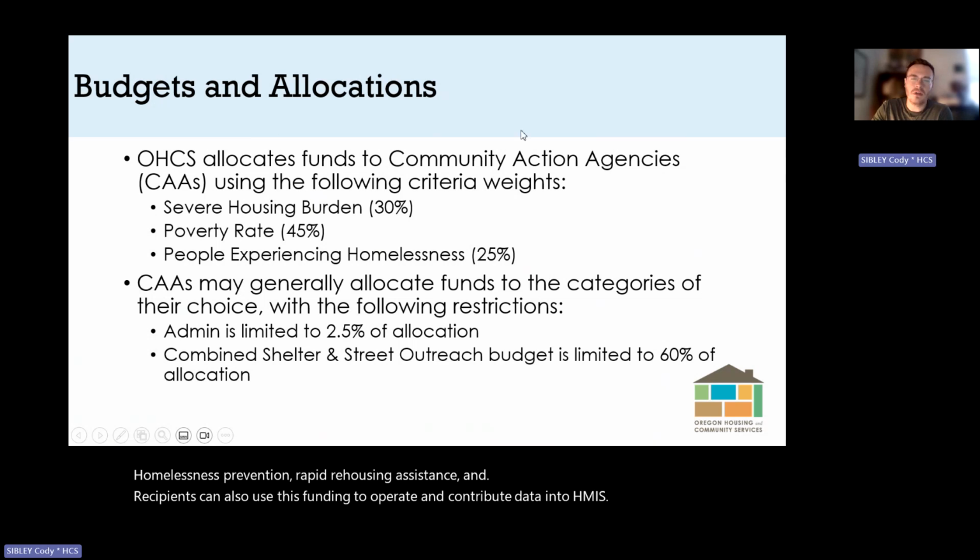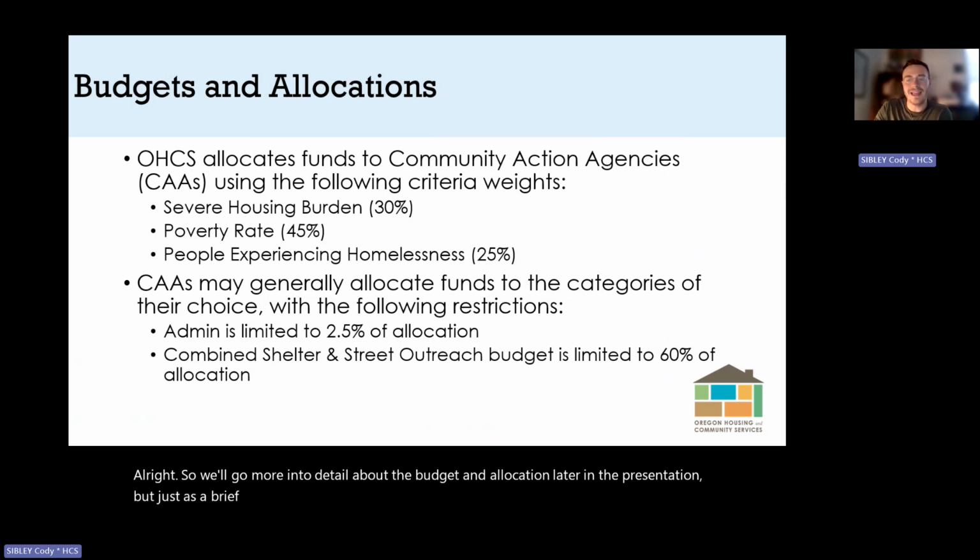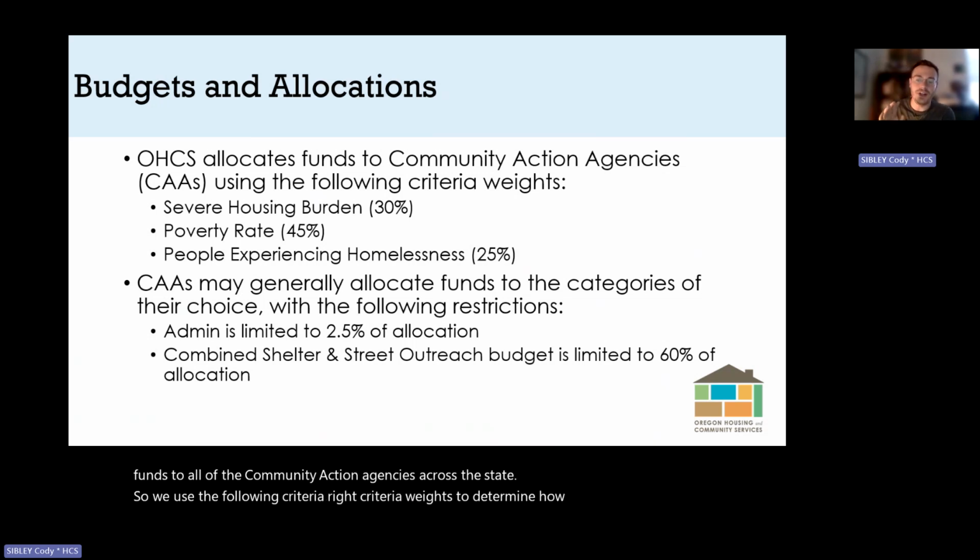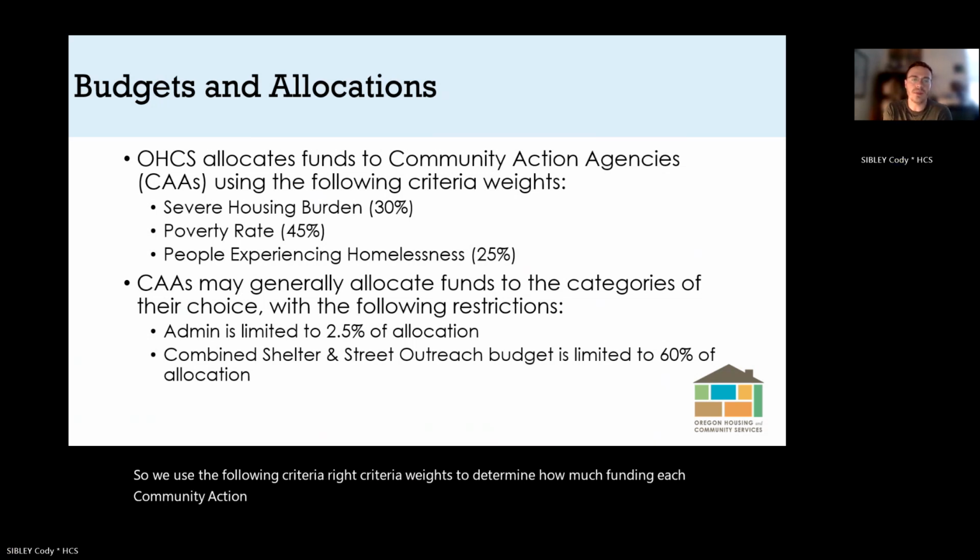All right, so we'll go more into detail about the budget and allocation later in the presentation, but just as a brief overview, I just wanted to let you guys know kind of how OHCS allocates funds to all of the community action agencies across the state. So we use the following criteria weights to determine how much funding each community action agency receives.